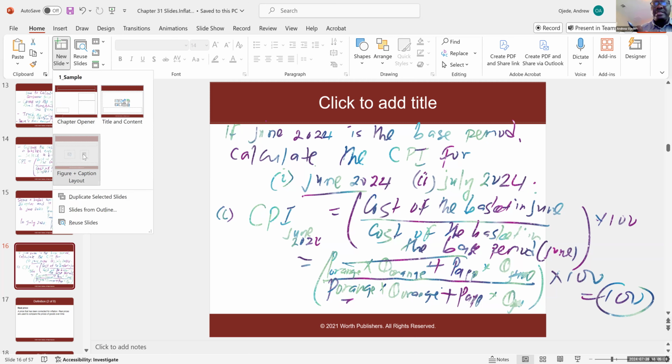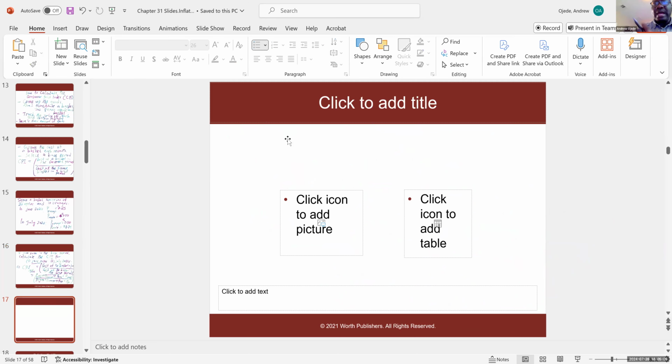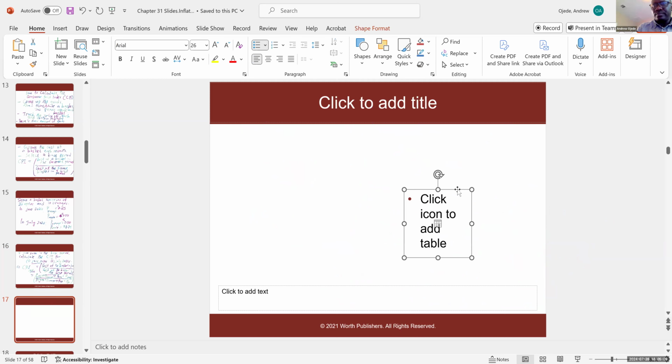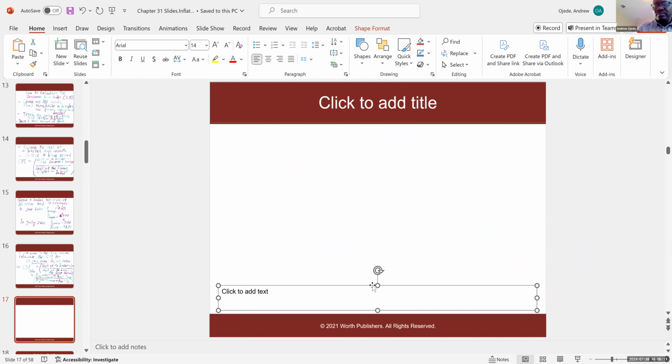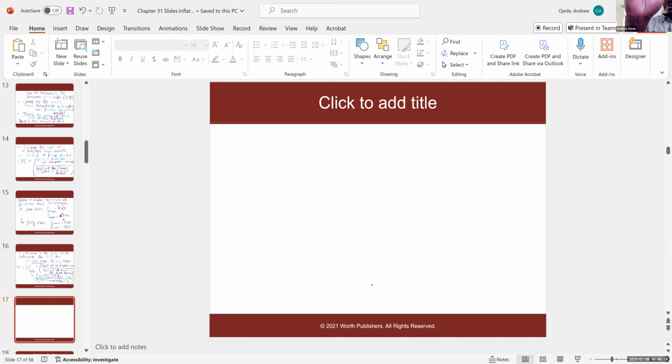So let's look at the CPI for the month of July. Follow here. Consumer price index, CPI for July.